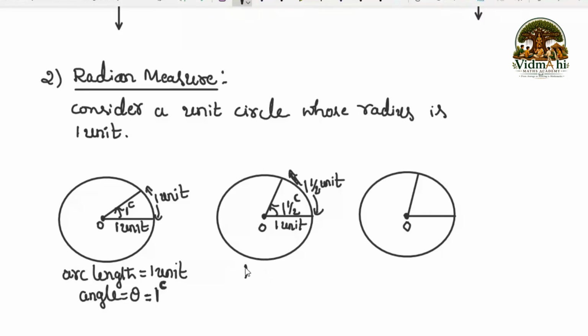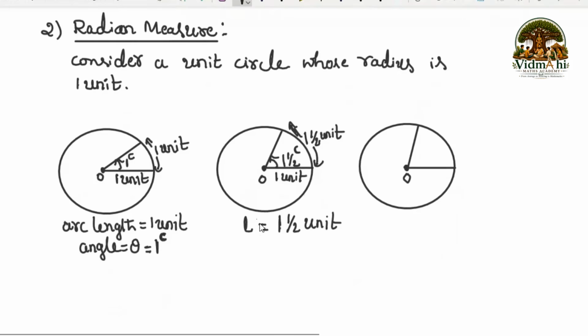Now for the second diagram, the arc length can be written as L. L is equal to 1.5 unit, and angle theta is equal to 1.5 radian.